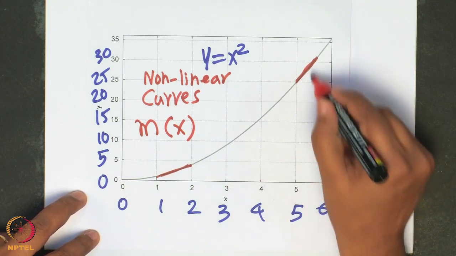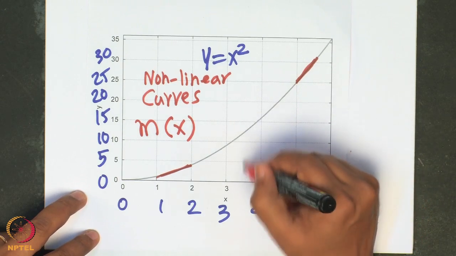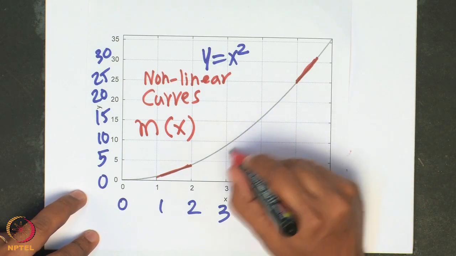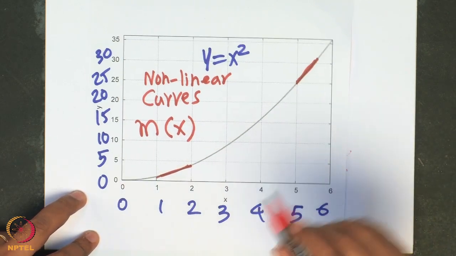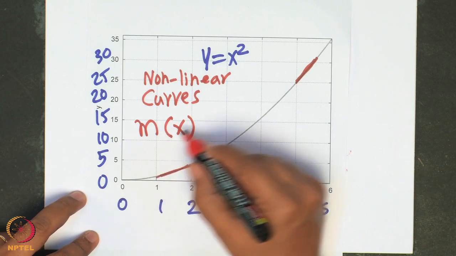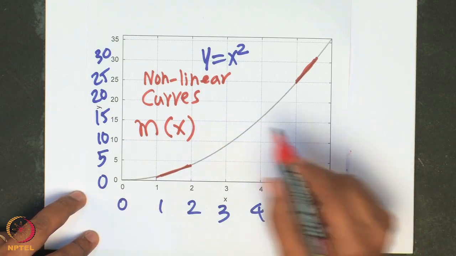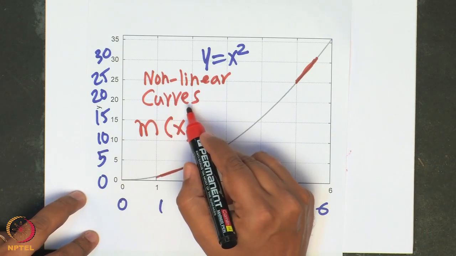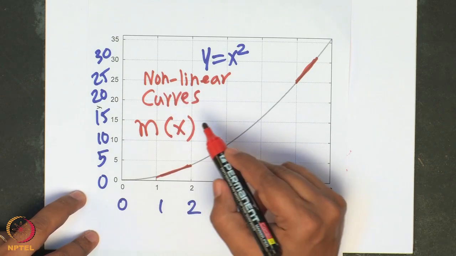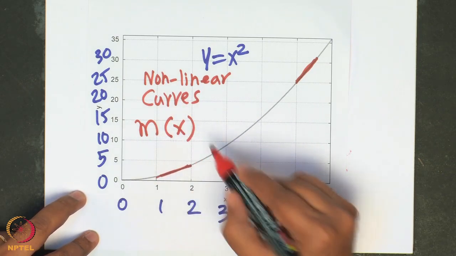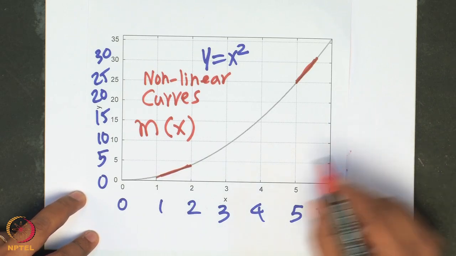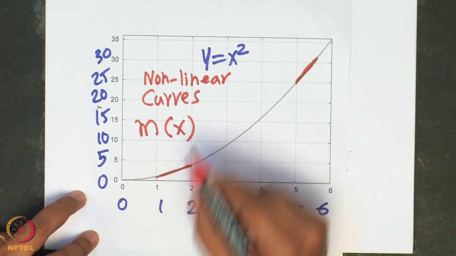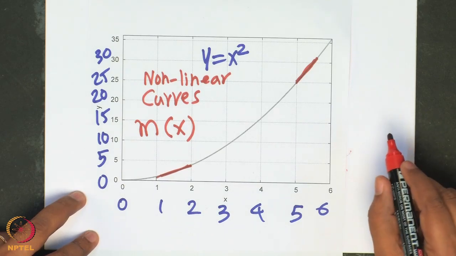If x is between 5 and 6, you will get a different slope. If x is between 3 and 4, you will get a different slope. The slope depends on the location where you calculate it. So this is an important point that all of you should remember. For non-linear curves, which is a curve that is not a line, the slope would depend on the x value at which you calculate it. So slope is a function of x. This is the first point you want to know.